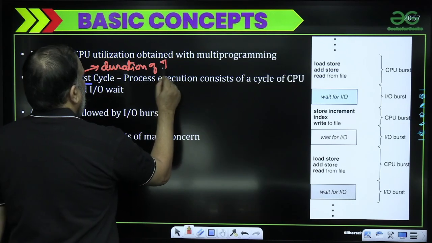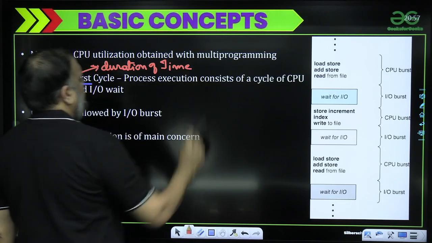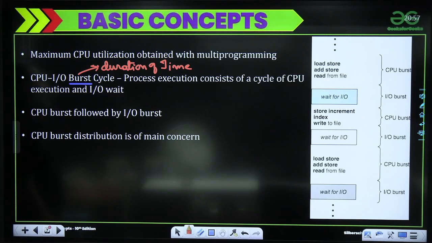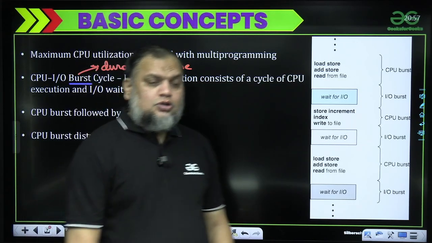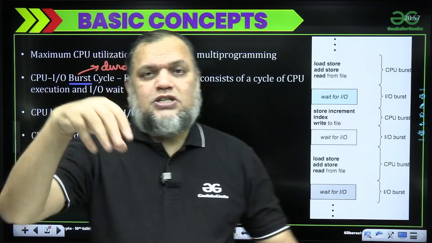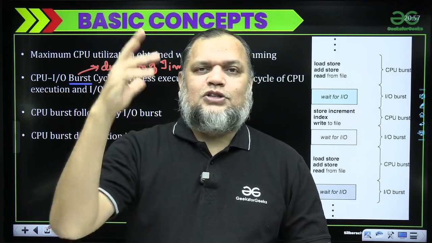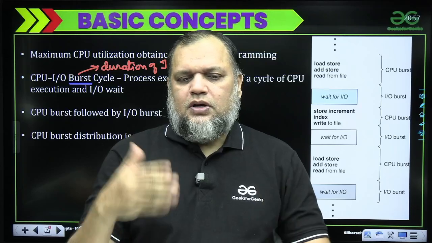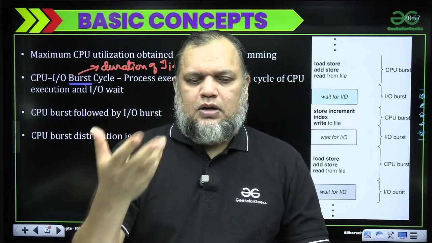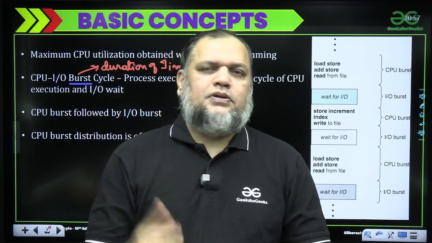There are two types of bursts that we use in CPU scheduling, CPU burst and IO burst. The amount of time for which the process runs on the CPU executing instructions is called CPU burst. Like the time I am using to deliver this lecture is the burst time of my class.